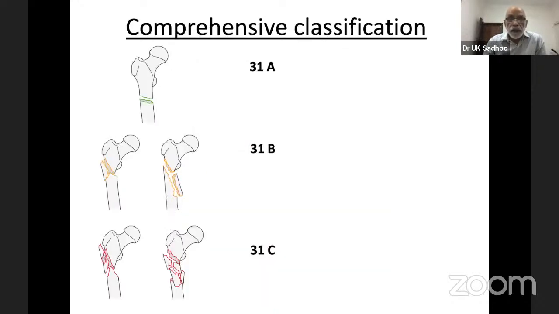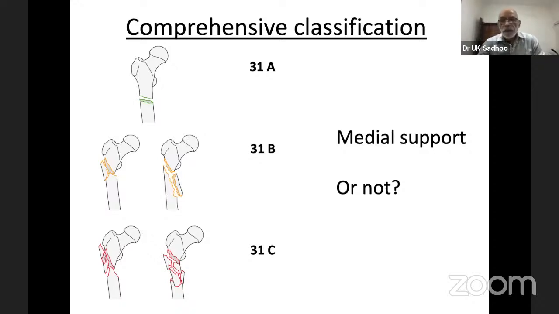There are very many classifications, more than a dozen of them. Essentially, what you need to see is whether the fracture has a medial support or not, because that influences the choice of implant and also gives you an idea about the violence.